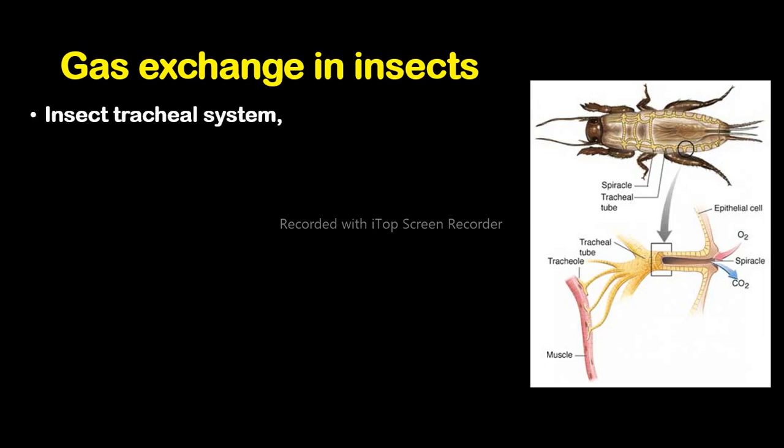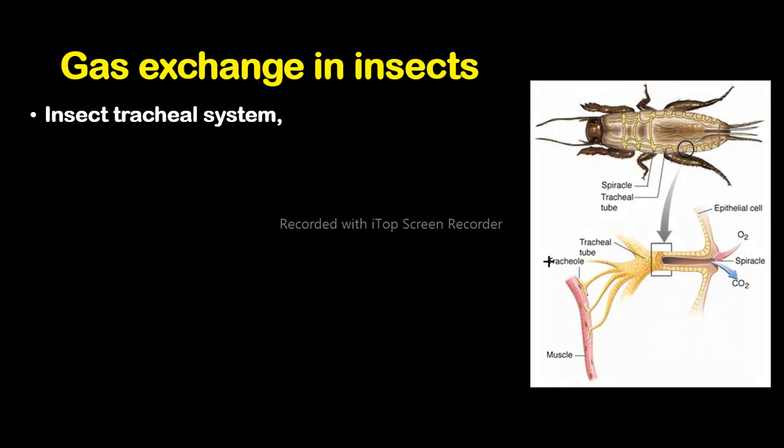So, like we said, insects do have a tracheal system that is responsible for distributing these respiratory gases throughout the entire body. Now, unlike other animals like mammals, birds, fish, amphibians, the insects do not use their blood, their transport system, to distribute these respiratory gases throughout the body.